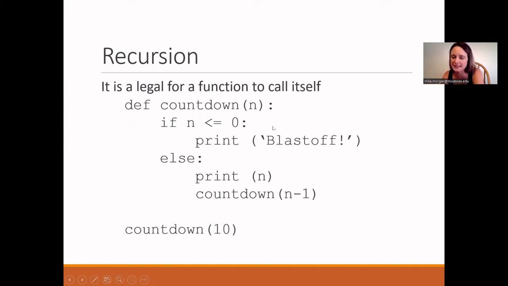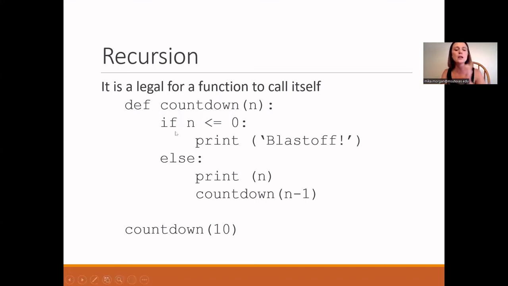If you reach the base case, then you don't call itself again, you can just stop. So it is very common to have an if-else statement to say, if you have reached your ending condition, stop. Otherwise, do something and call yourself again. Go back up and run this function over again.